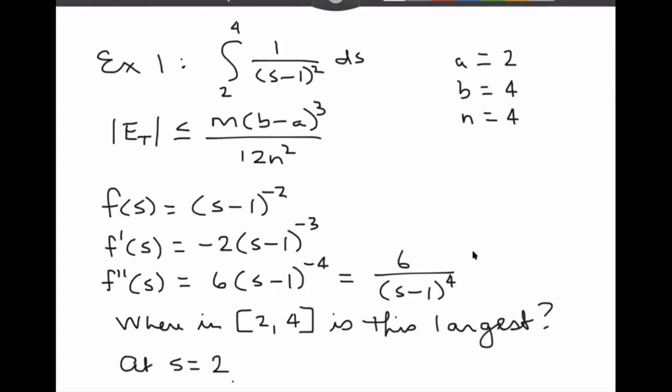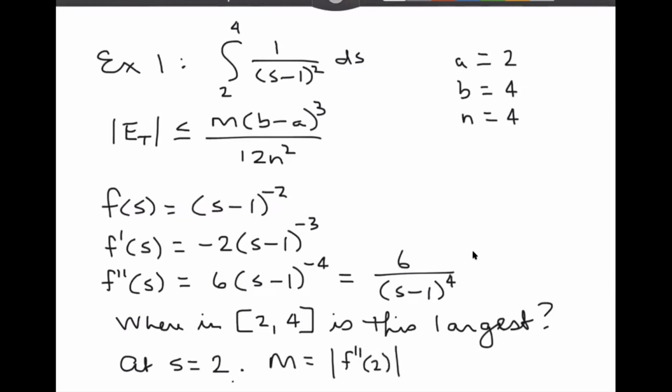And the smallest you can make this denominator in the interval from 2 to 4 is at 2. So m is going to be the absolute value of f double prime at 2.